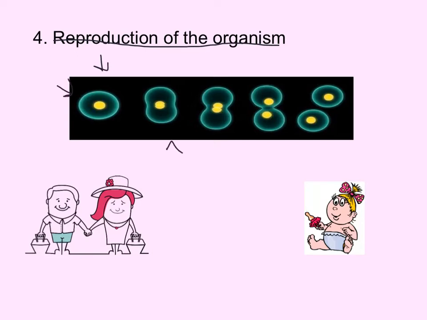It makes a copy of its DNA, and then it simply breaks off into two exact copies of the original cell. So this original cell over here copies its DNA and then splits in half into two exact copies. That's asexual reproduction. Asexual, the reason is that it started with one parent cell and you ended up with two daughter cells.